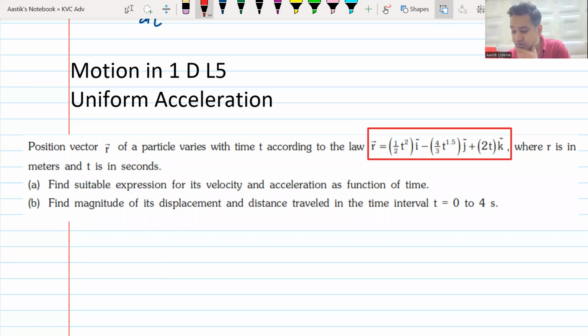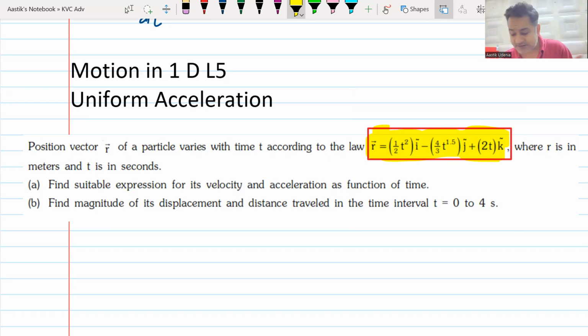Is this motion in 1D, 2D, or 3D? You can just write it in the chat if you don't want to speak. Yes, Anjali. It is motion in 3 dimensions because the particle has x, y, and z, all 3 coordinates.